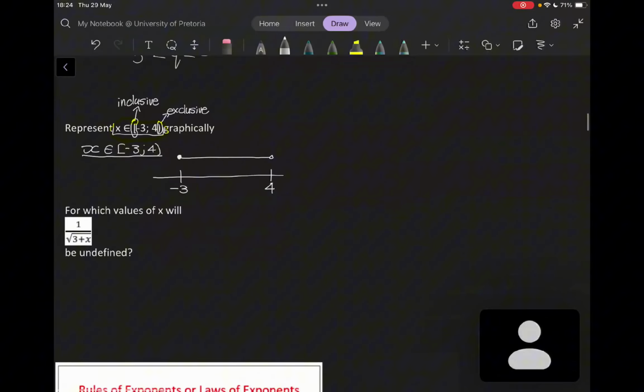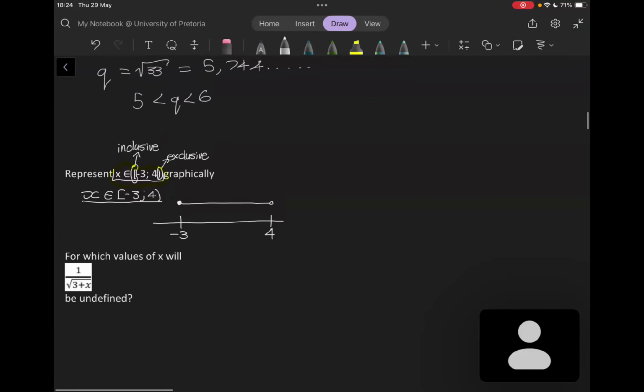Let me give a different example to make sure that we all are 100% on this. If we represent y as an element of, in this case, let's choose 2 till 6, right?